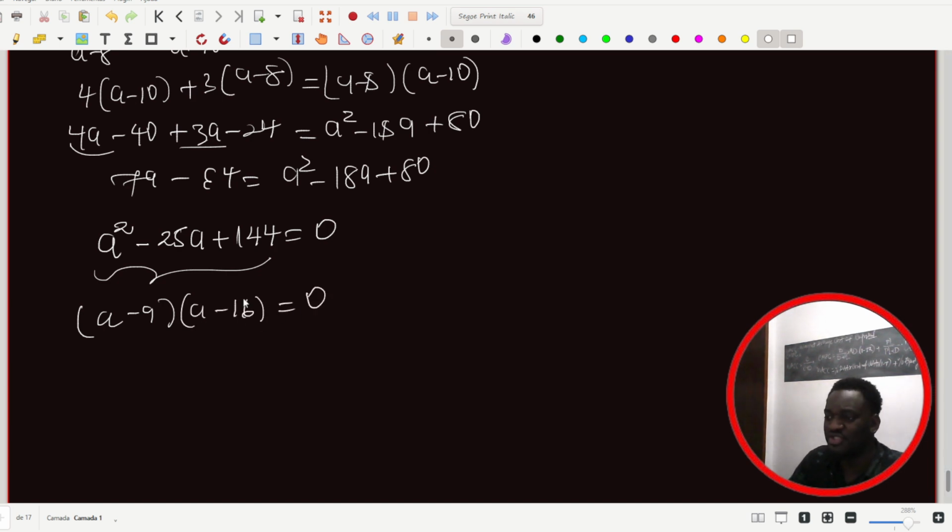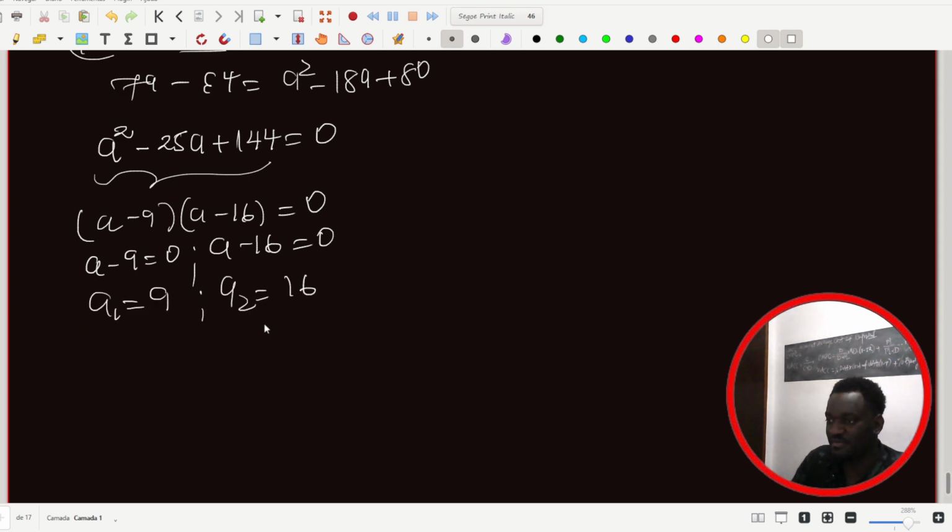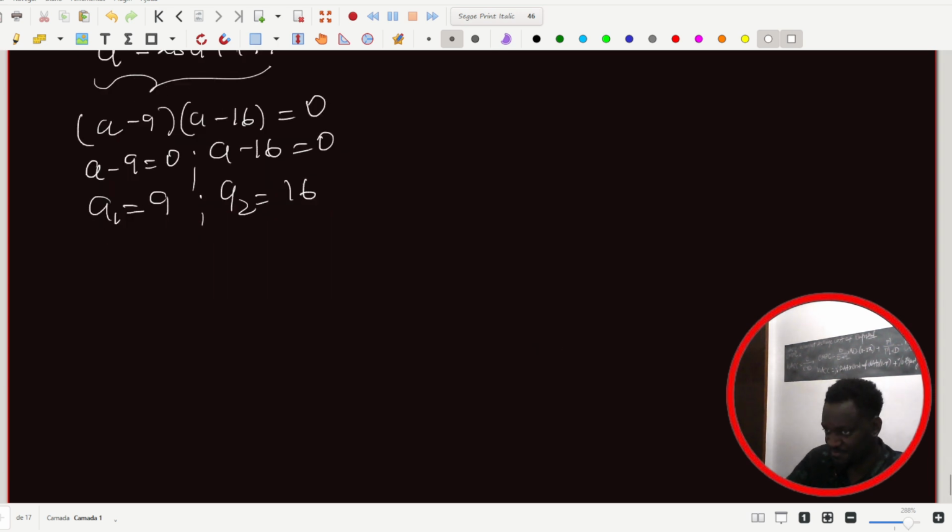This is not something hard to do. You can apply the formula, or you can just simplify it by factoring. So from here a minus 9 equals 0, and a minus 16 equals 0. So we're going to have a1 equals 9 and a2 equals 16. Okay, cool.